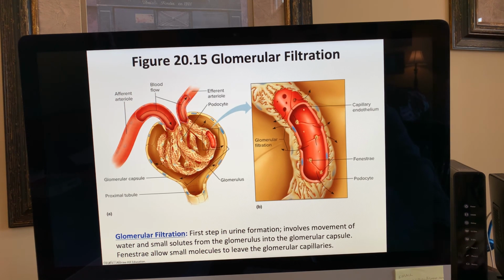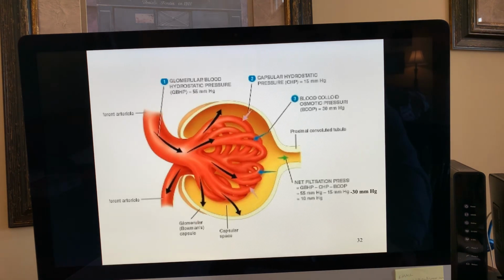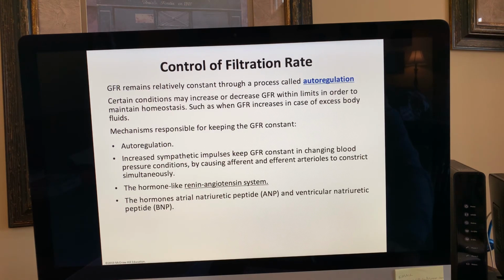If you constrict the efferent arteriole, that would be like constricting the end of the hose with holes in it, and you would increase filtration pressure. So you would increase glomerular filtration rate. So by constricting and relaxing the afferent and efferent arterioles, you can maintain a constant glomerular filtration rate, which is what the body does through autoregulation.